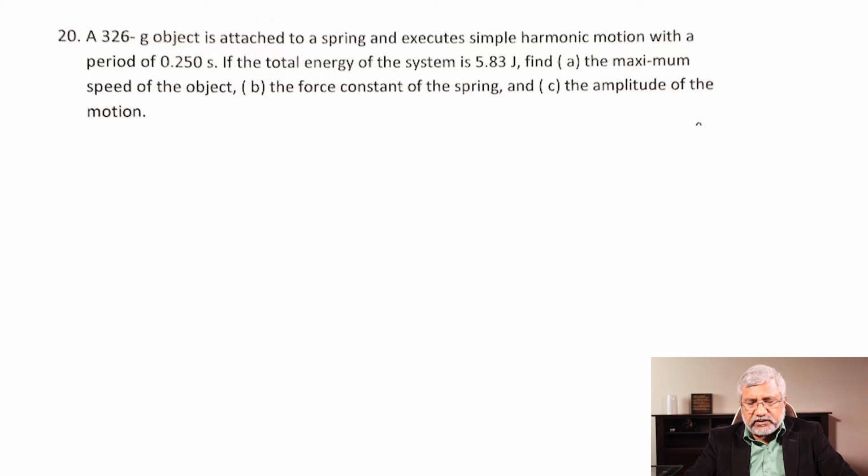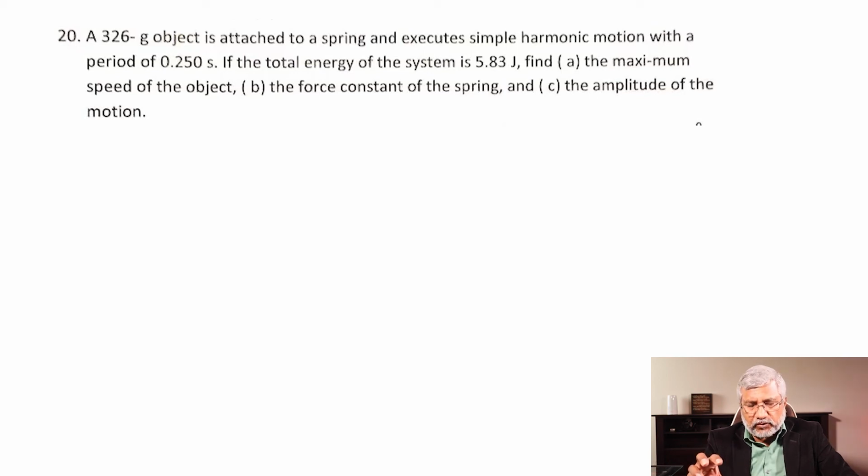If the total energy of the system is 5.83 joules, find A, the maximum speed of the object, B, the force constant of the spring, and C, the amplitude of the motion. So what are you given? You're given the mass of the object, 326 grams. You were given the time period and the total energy. And you're asked to find the maximum speed.